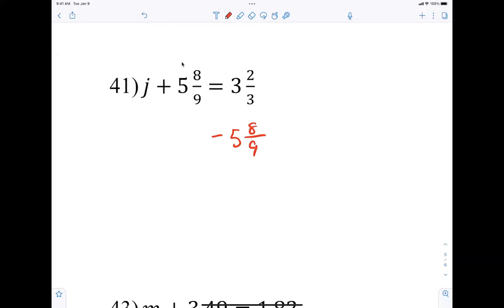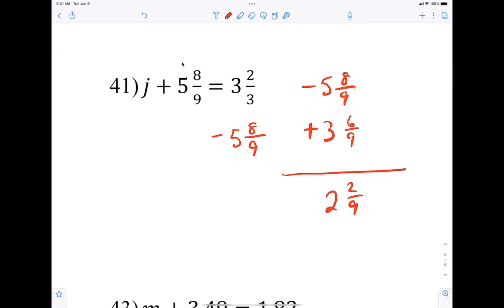The first thing we want to do is put the 5 above the 3 though, correct? All right. So negative 5 and 8/9 minus 3 and what? 6/9, although this is positive, okay? 2 and 2/9. J equals negative 2/9. That's correct.